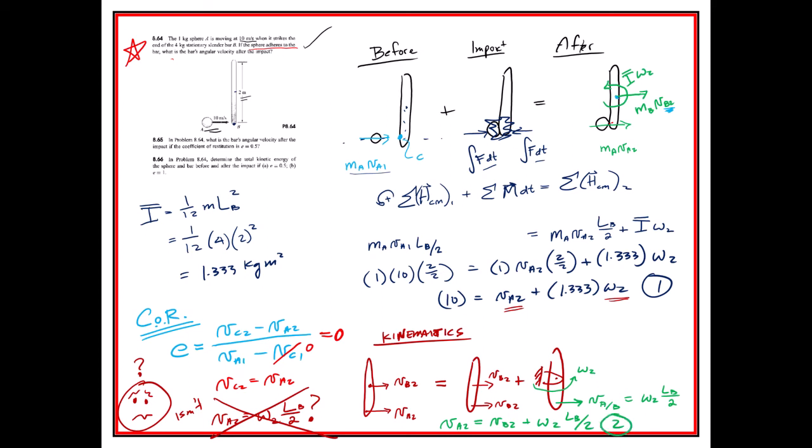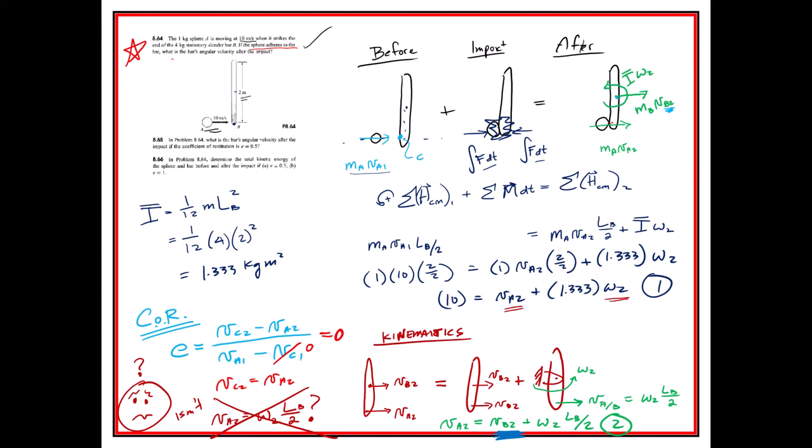But unfortunately, we've now introduced an extra variable. So what do we do about that? We have two equations and two unknowns. What do we do? Anyone?